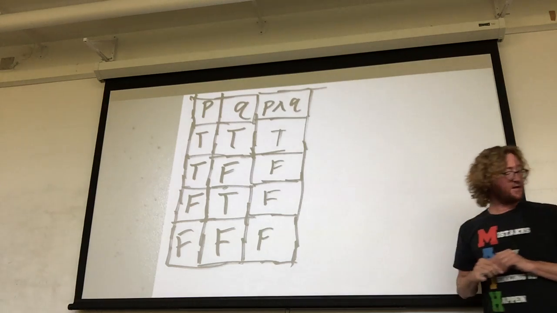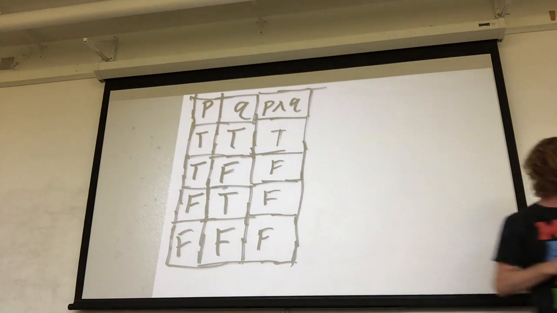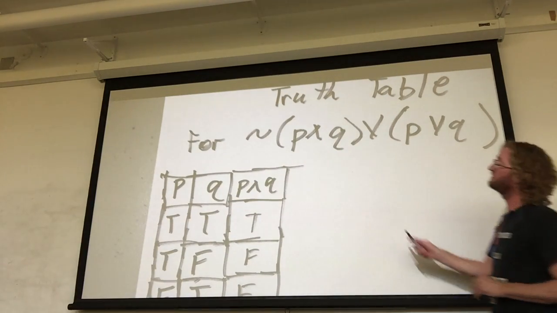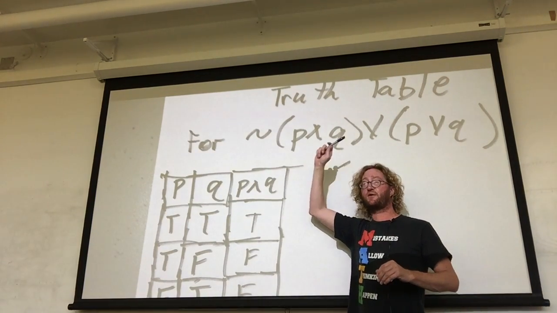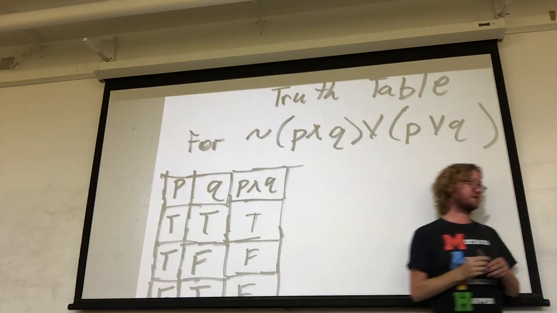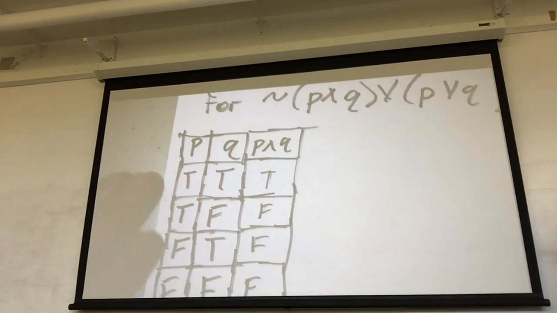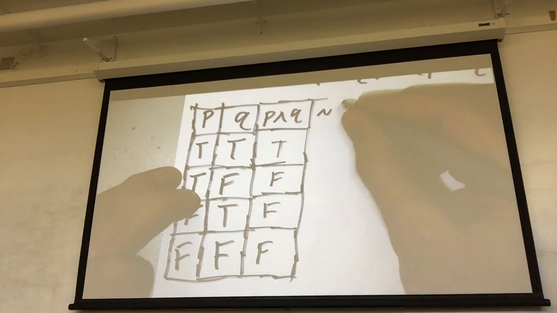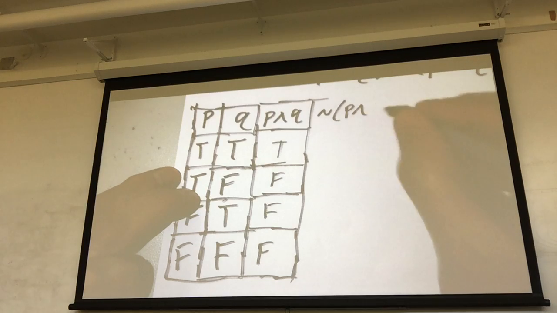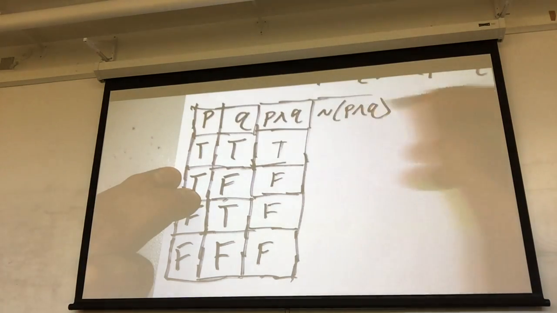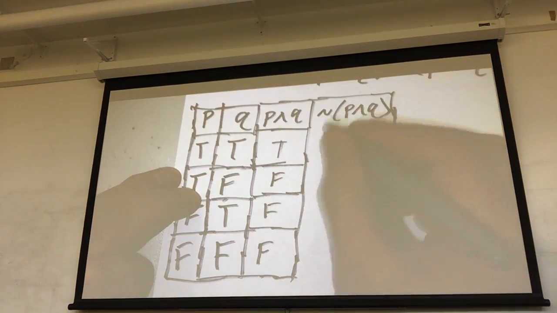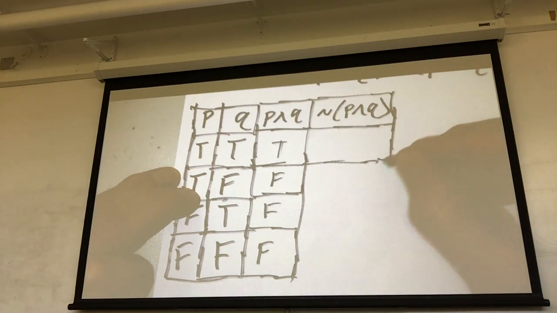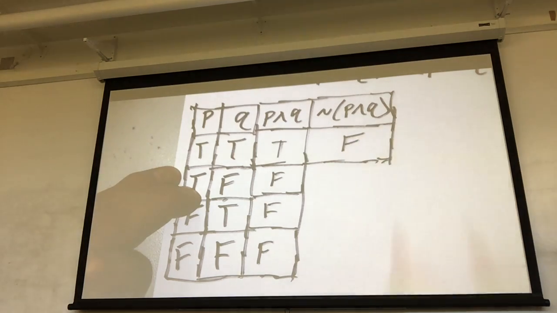Okay. So from there, if we look at the problem that we're actually considering, this is saying the negation of P and Q. So the next part of our table would say, if I did the negation of P and Q, well, then that would turn to false.